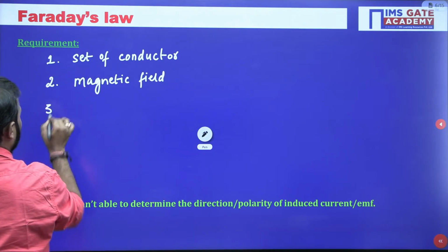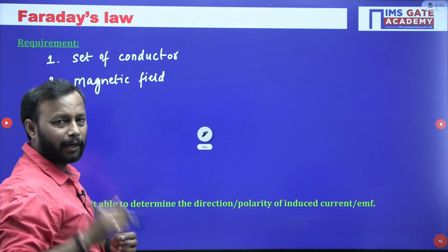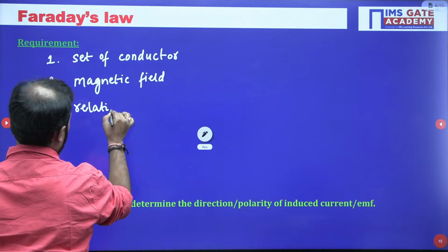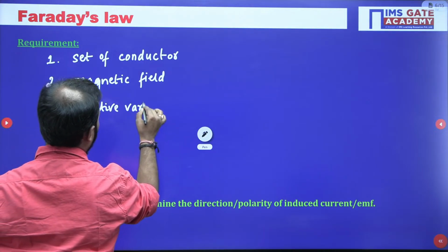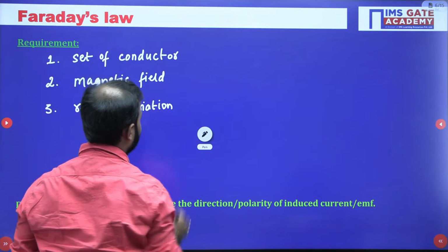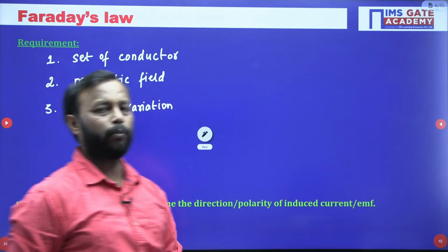Third one, relative variation. d phi by dt लिखा था ना, relative variation. So this relative variation between the conductor and magnetic field can be generated in two manners.